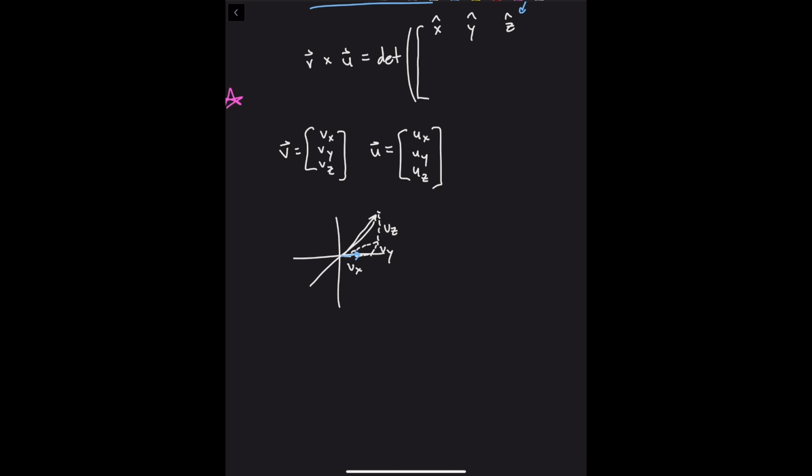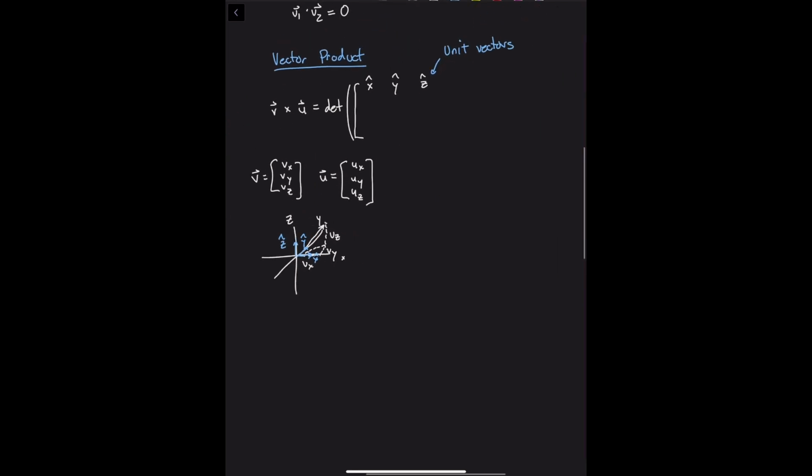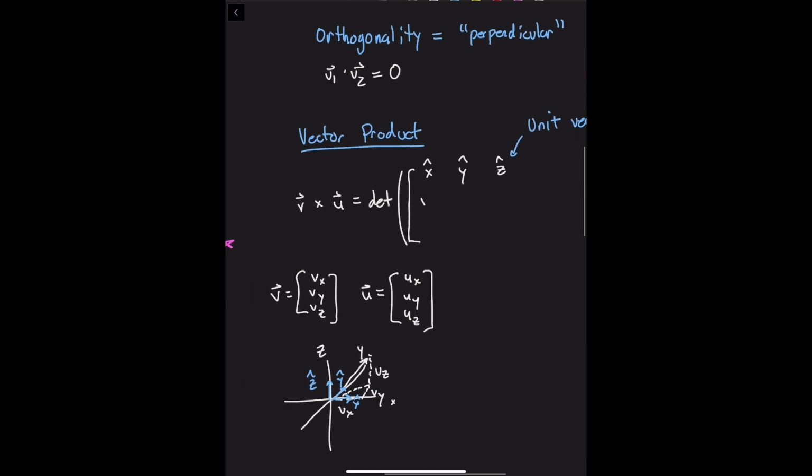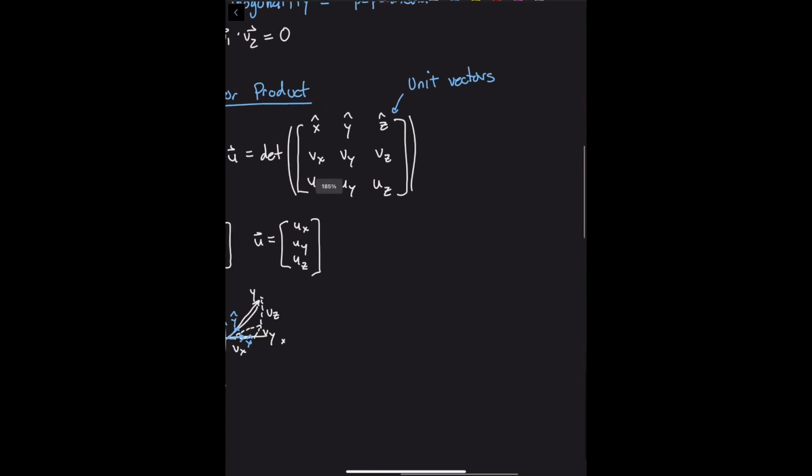And, you know, if this is x, this is y, and this is z. I'm actually doing that different than normal, but that's fine. This would be y hat, this is x hat, and this is z hat. So it's just 1 in that direction, basically. The determinant would be, we then write the components of V, the components of U, and this determinant is the cross product.